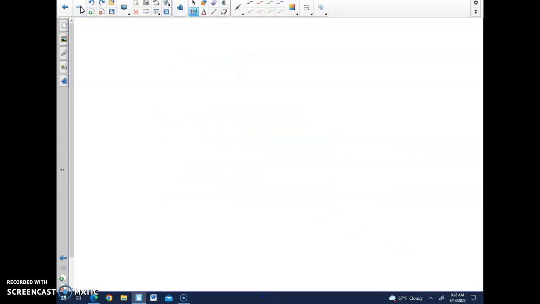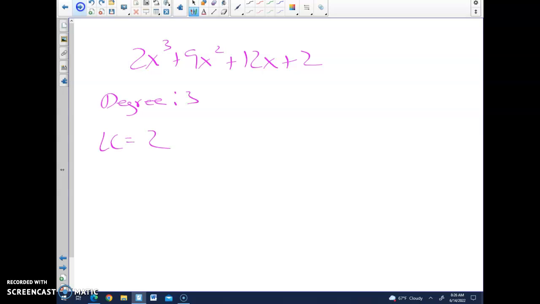And finally, and I am going to use my graphing calculator for this, 2x cubed plus 9x squared plus 12x plus 2. I would probably use my decimals calculator, to be honest with you. The degree of this problem, though, is 3. The leading coefficient is 2.